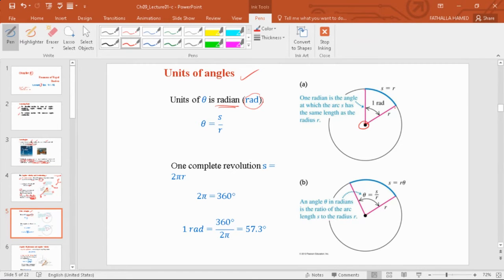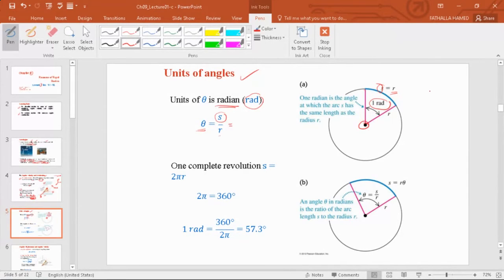Well, if you go an arc around the circle, let's call it S, and if this arc is equal to R, in that case, we define theta as S divided by R, and since S is equal to R, R over R gives you 1. So actually you get 1 rad when the arc that you go through is equal to the radius of your circle.